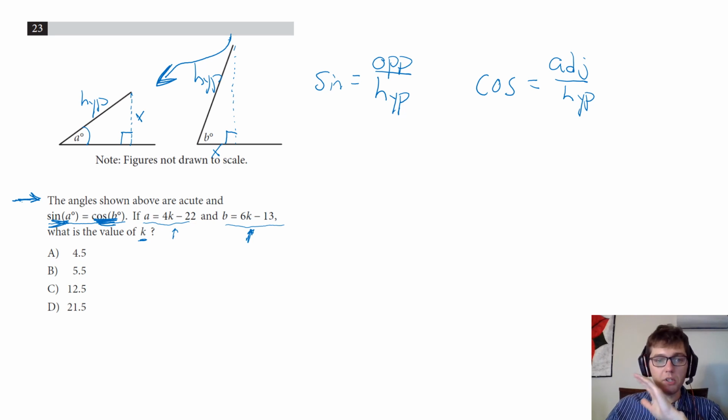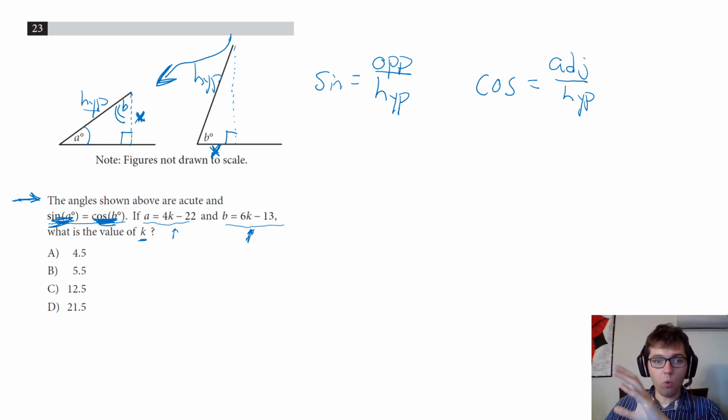You're basically describing the same triangle where here you have angle A and here you have angle B. This is valid because this x that I've drawn here and this x that I've drawn here have to be one and the same. Since sine of A is equal to cosine of B, the hypotenuse must be equal, this x must be equal to make sine and cosine equal to one another.